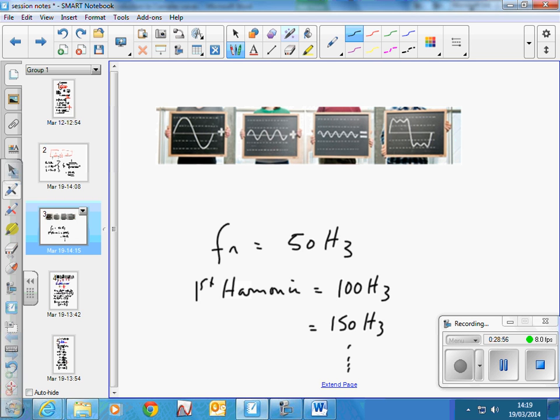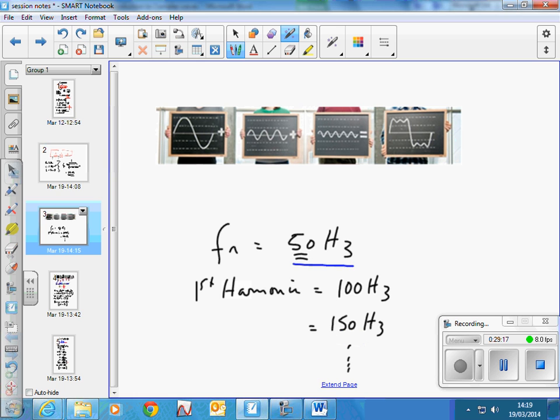So the harmonics tend to be multiples of the natural frequency. And we found in our circuit that 150 hertz was the natural frequency. So we're going to have problems with our circuit, even though we're driving it at 50 hertz, because of possible harmonics.